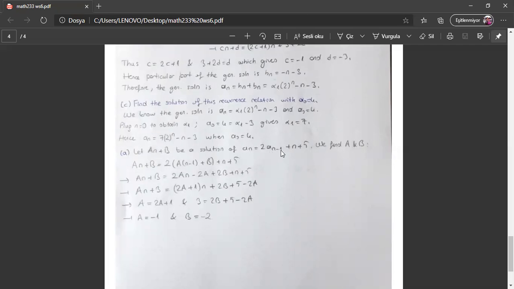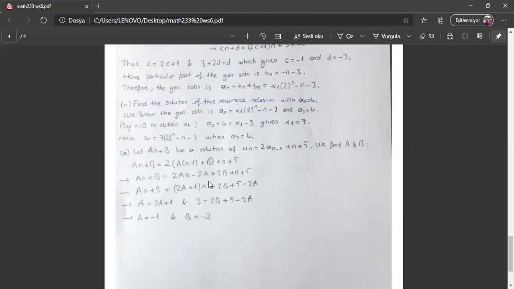Then for a sub n minus 1, we have a times (n minus 1) plus b. And here we have n plus 5. So we solve this equality. On the left, we have an plus b.